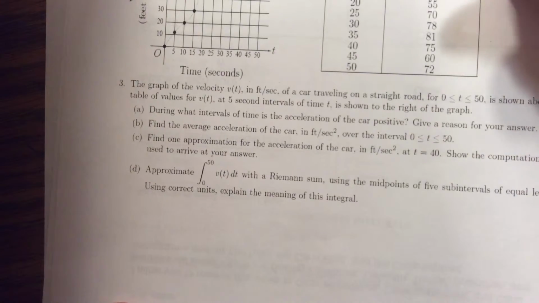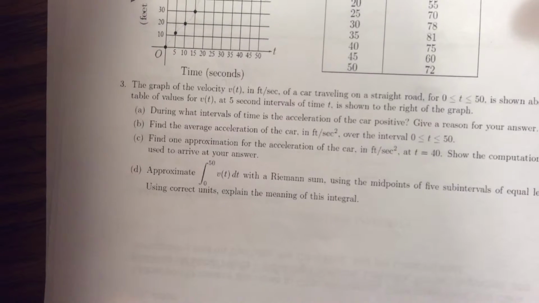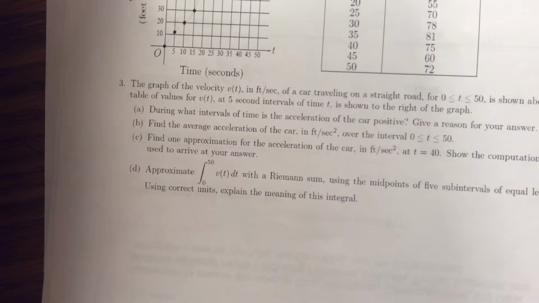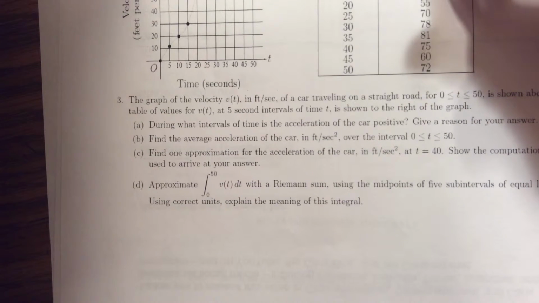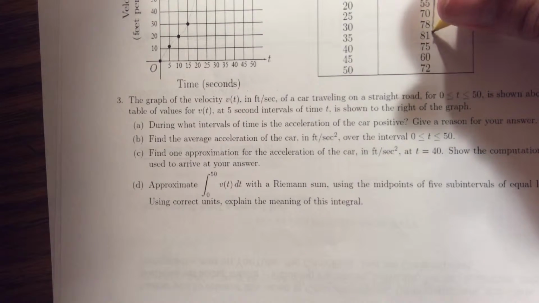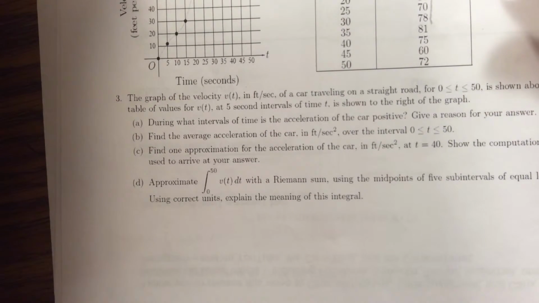Since you know v prime of t is acceleration, because the derivative of the velocity versus time graph is an acceleration versus time graph, you would look at the trend. Since it's increasing all the way up to 35, you say that acceleration is going to be positive.